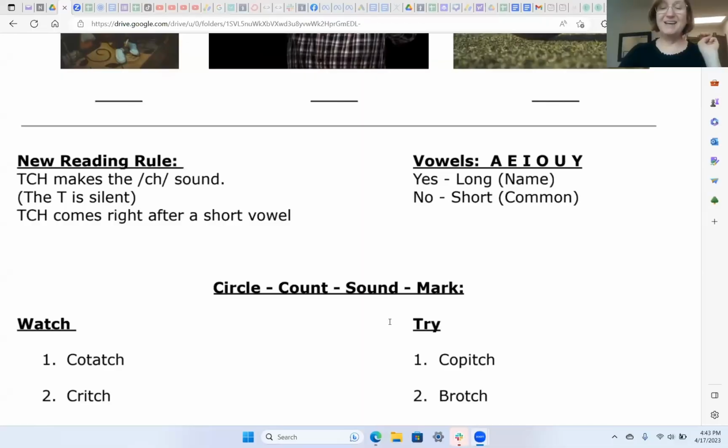Oh, and another fun fact. Okay, get ready to have your mind blown. Or maybe it's just me. I'm such a word nerd. I love little fun facts like this. But this is so handy when you're spelling and when you're reading. TCH will 100% of the time come right after a short vowel.